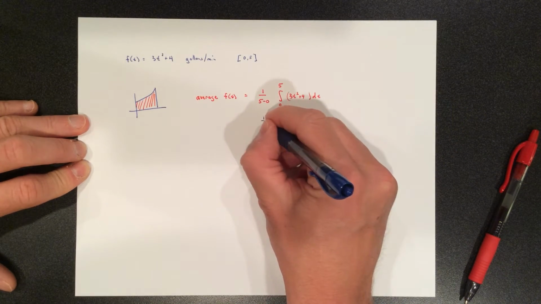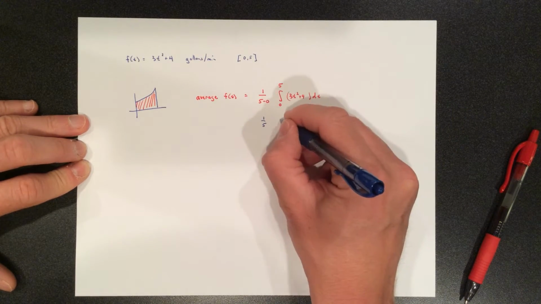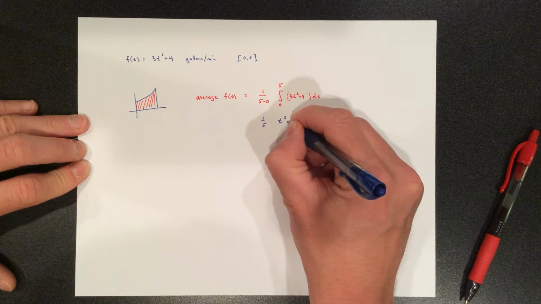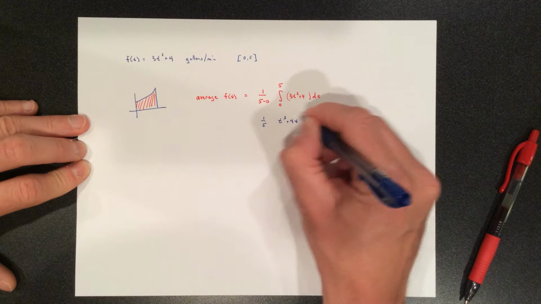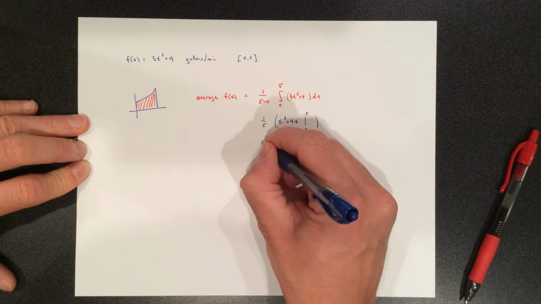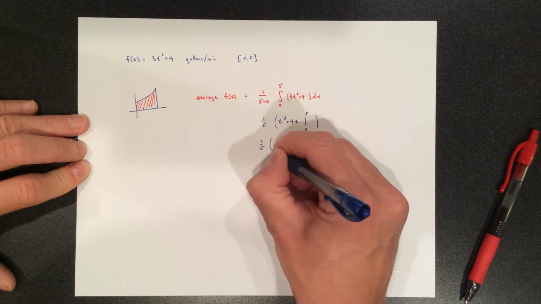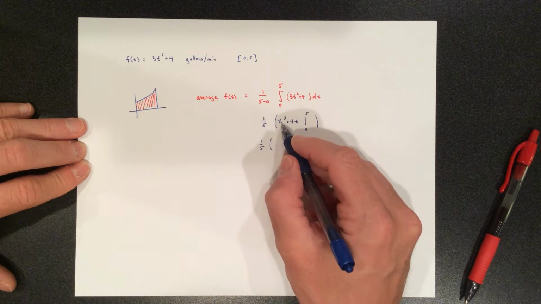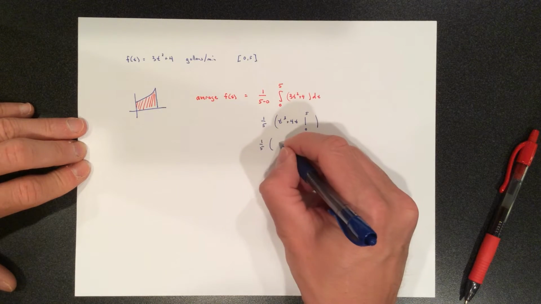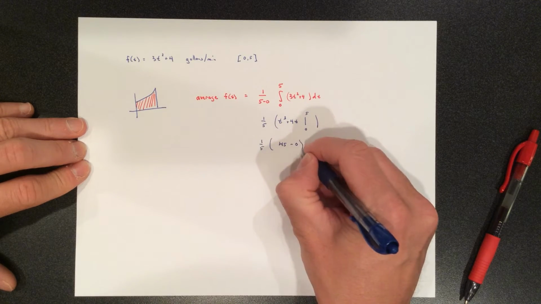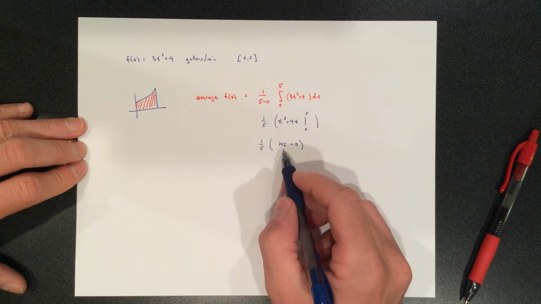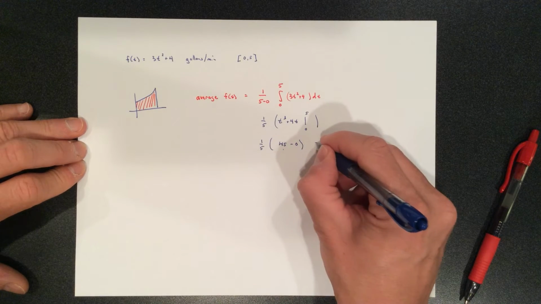This is just 1/5. The integral here is going to be t cubed plus 4t evaluated from 0 to 5, right? We have to do the integral. That's 1/5 times, plugging in 5 is going to be 125 plus 20, so that's 145. Plugging in 0 is easy, that's just 0. And I get 1/5 of 145, which is 29.